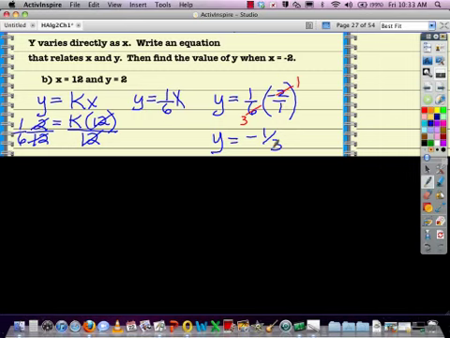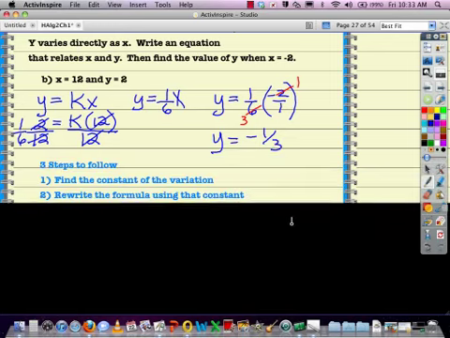So when x was -2, y was -1/3. And you saw the relationship of x and y on the last problem as well. As you put more and more values in, you should continue to notice x and y relationships.